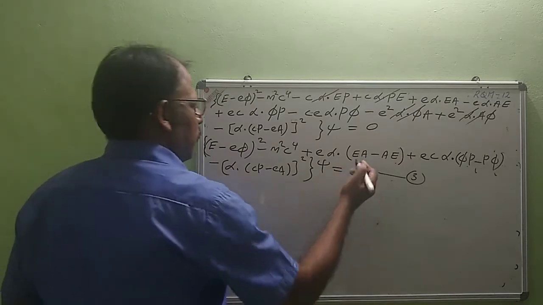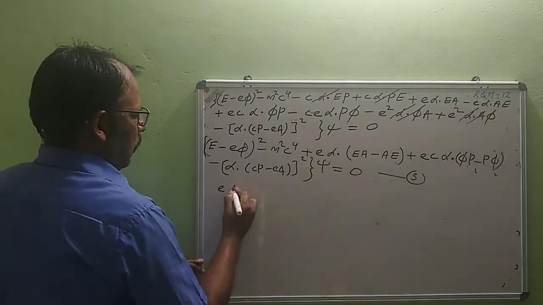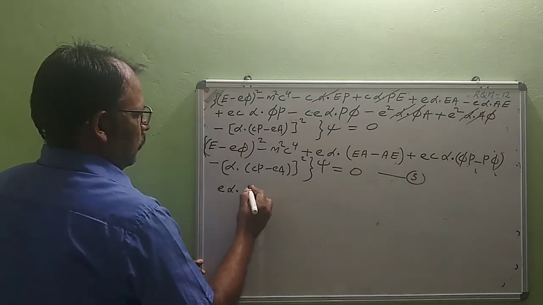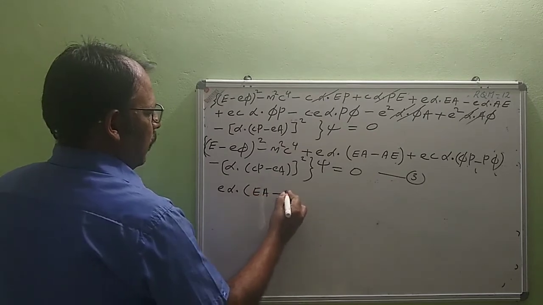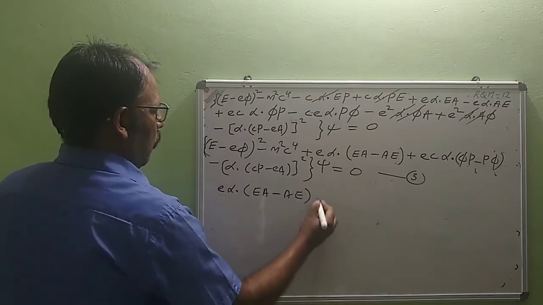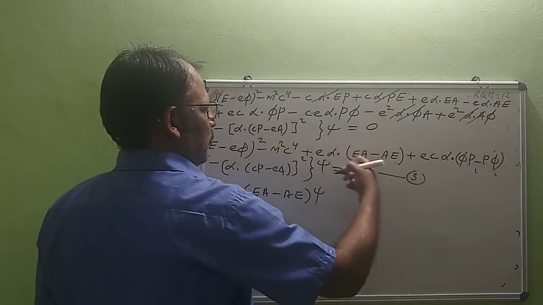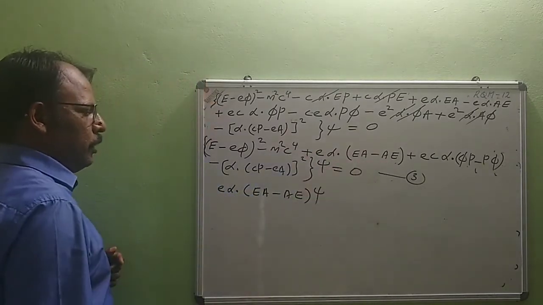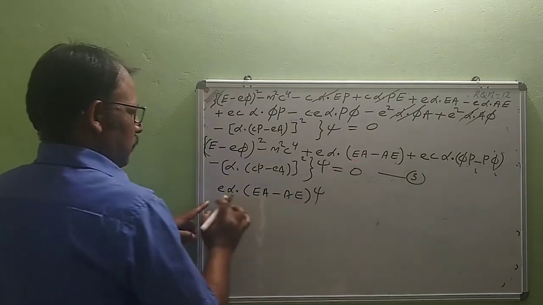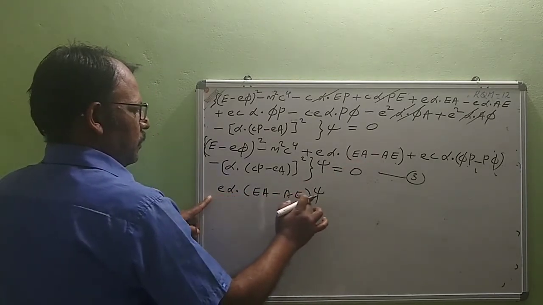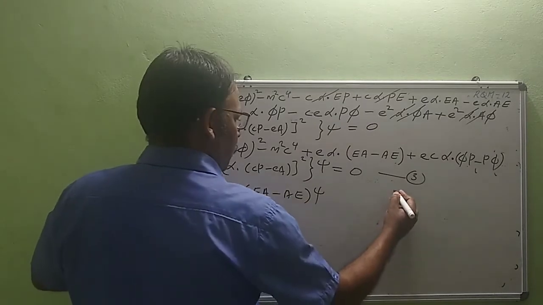First I am taking this one: E alpha dot (EA minus AE) operating on the wave function psi. Take the first, second, third term of equation 3. This one, E alpha dot (EA minus AE) into psi.